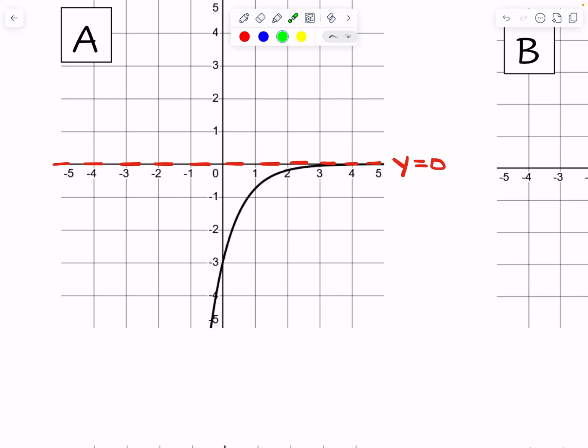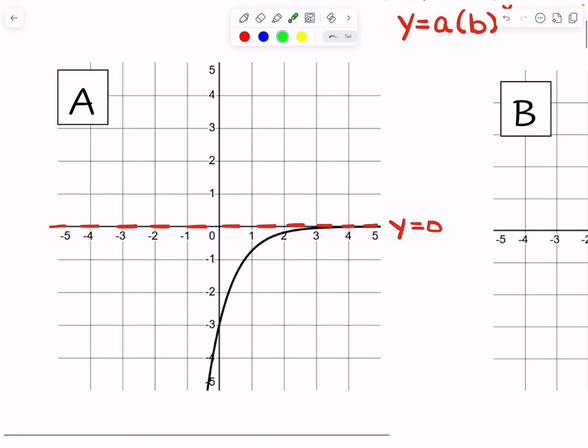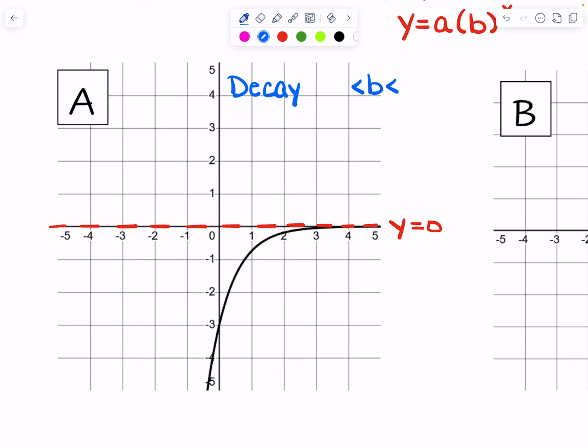Okay? So this graph is getting closer to it. When it gets closer to where y equals 0, that is exponential decay. And that means that B is going to be between 0 and 1, which is a decay value.